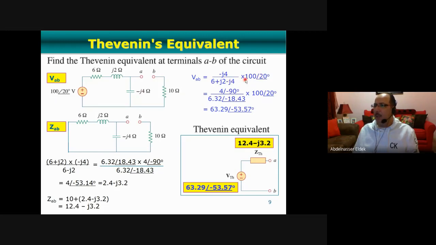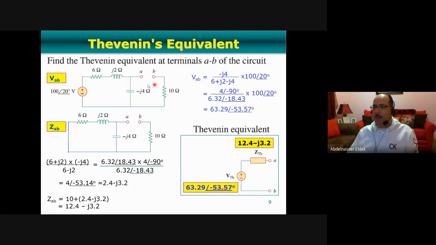The current equals 120 angle 0 degrees, divided by the total impedance in the loop: 6 plus J2 minus J4, which will be 6 minus J2. So 120 divided by 6 minus J2.